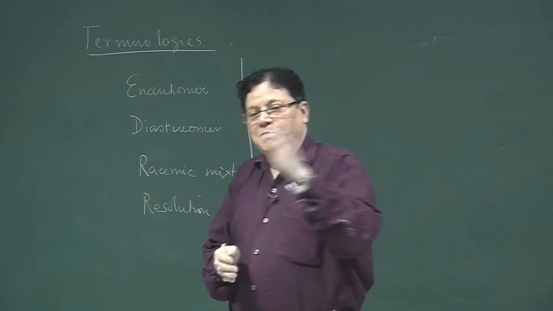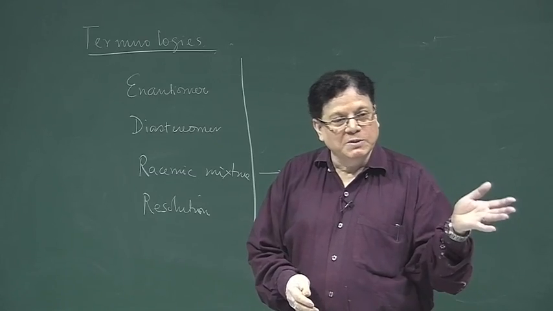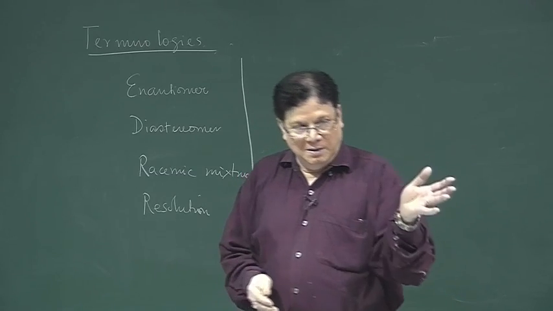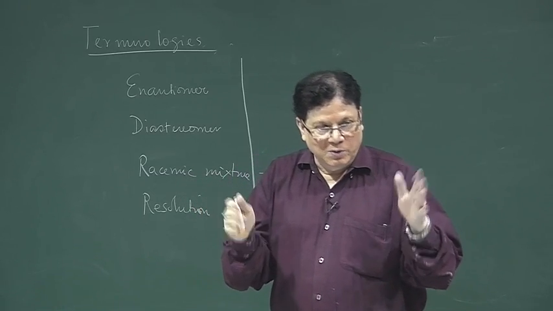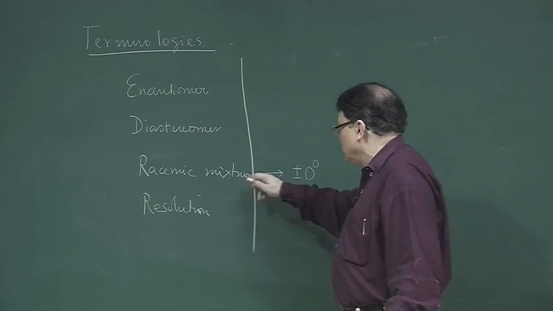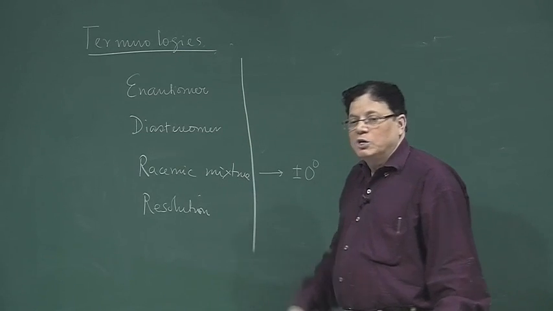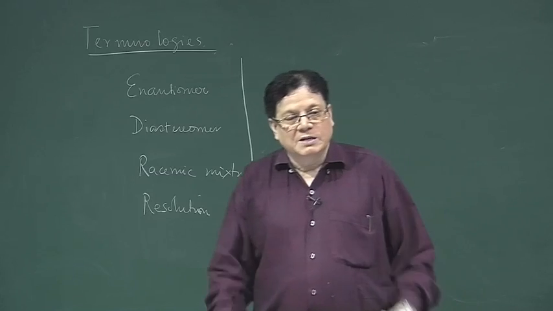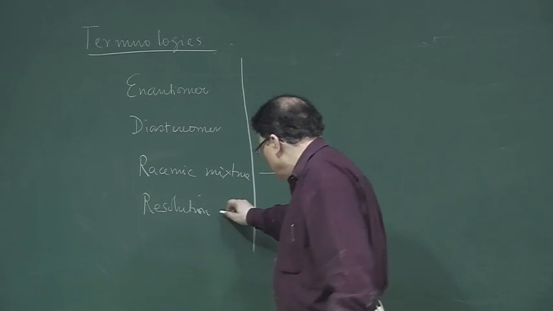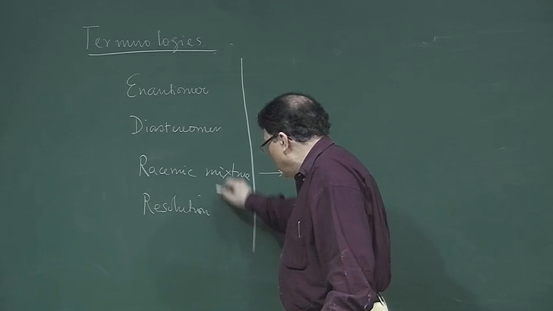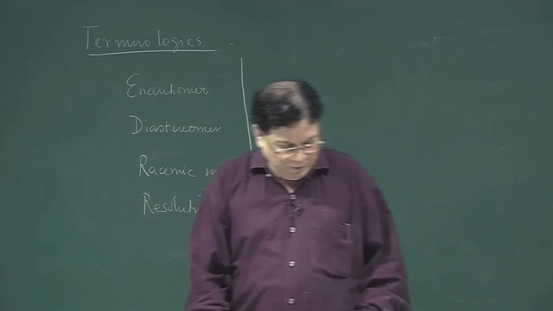It will try to rotate the plane of polarized light by plus x degree, and the minus compound will offset it by turning it back by minus x degree. So, the total rotation ultimately becomes 0. That is a racemic mixture, a 1:1 combination of a pair of enantiomers, and resolution is the separation of a racemic mixture into the individual enantiomers.